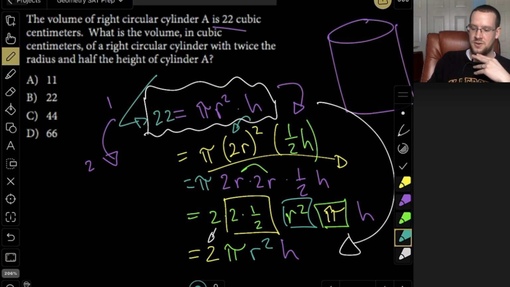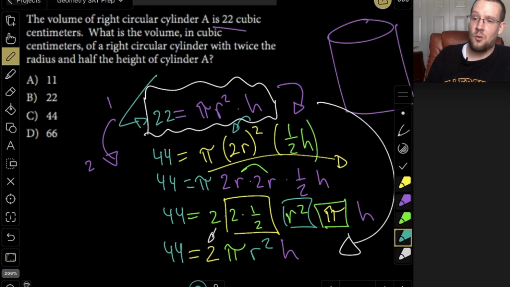And now, what did we do? We multiplied the right side by the number 2. So if we multiply one side, we have to multiply the other side. So we're multiplying 22 by 2. In order for the equality to be true, whatever you multiply one side of the equation by, you have to multiply the other side of that equation as well.